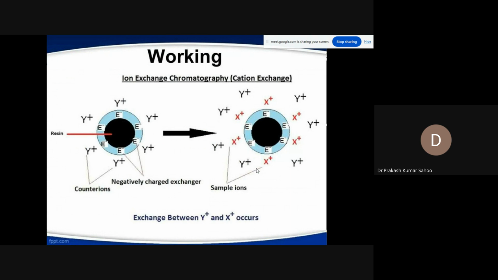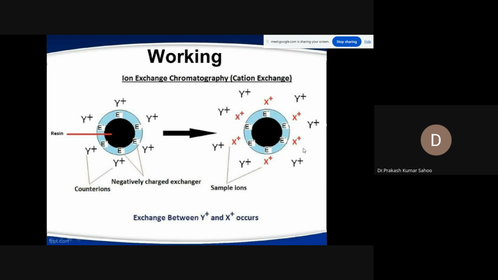Just here you see, this is the resin we have, or this is known as the exchanger, where E minus is inside and Y plus is outside. So this is known as the negatively charged exchanger, or cation exchanger. Here, when the X plus component from the sample interacts, X plus having a higher positive charge than Y plus, the Y plus gets out and X plus goes in.